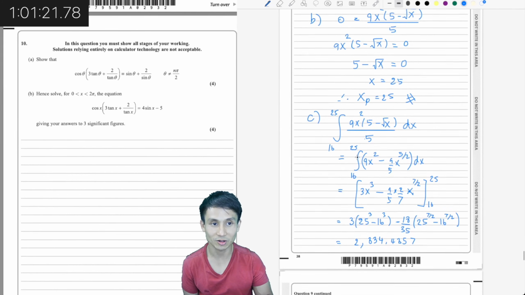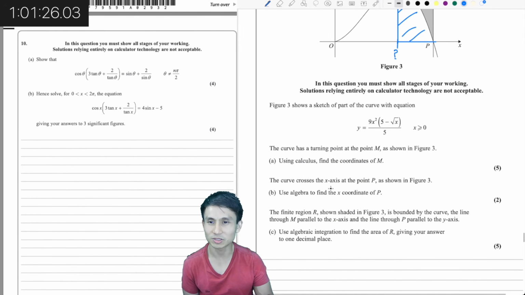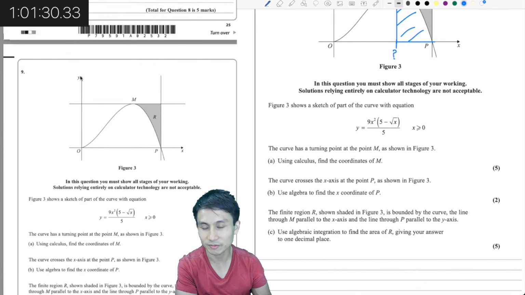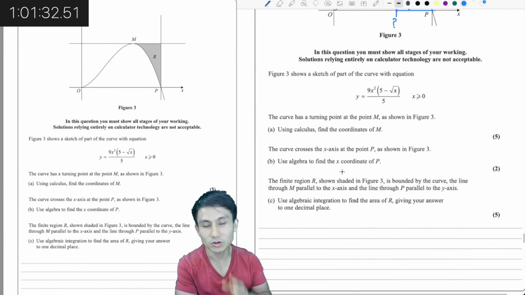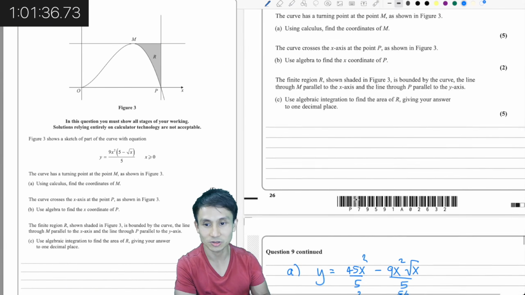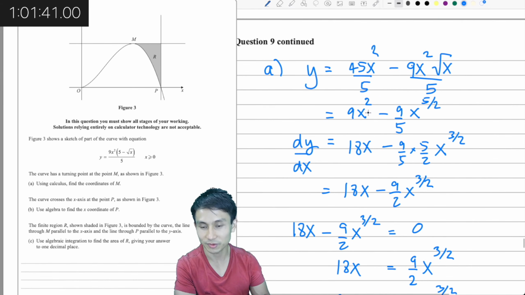Wasn't too bad. Oh, actually, let me check this question 9, right? Because the numbers seem weird. Yeah, let me just check my working. I don't need to double check that much because I always check as I go, right? So that's my philosophy there. Always check as you do. So we multiply in here. Yeah, so this is 9 times x squared.